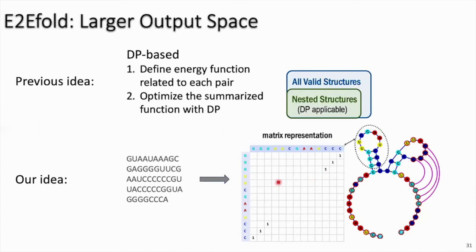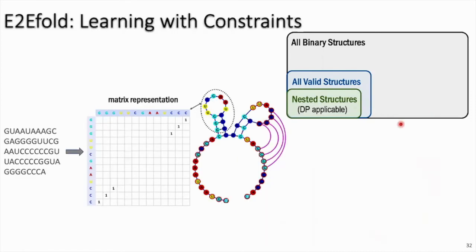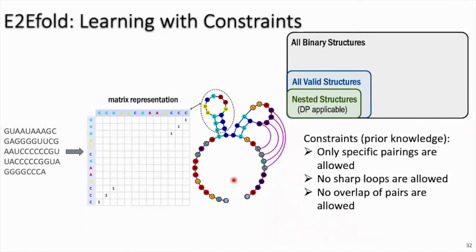We can say this binary matrix can represent all the valid structures, including those hard secondary structures. In fact, it can also represent some invalid structures. So the output space of this translation problem formulation can be very large. On the other hand, the solution for this translation problem formulation may output some invalid structures, which are not feasible. So we want to impose some constraints on this translation problem formulation so as to reduce the output space.